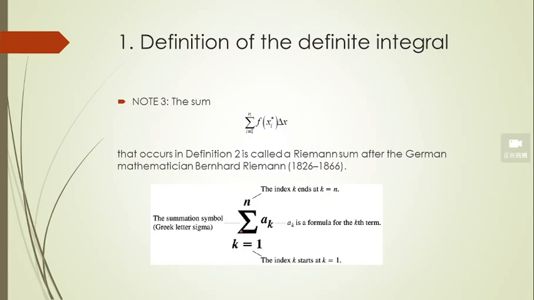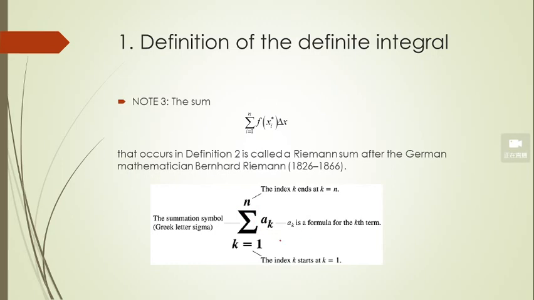If you feel confused, try to listen carefully and take some notes. If we have the general sigma notation, the sum from k equals 1 to n of a_k, that means we have the index k running from 1 to n, so it can be a1, a2, a3, until an. What does this sigma mean? You take the sum of all those.